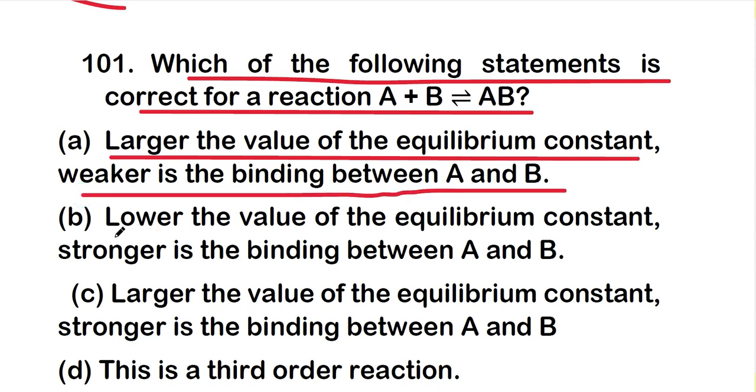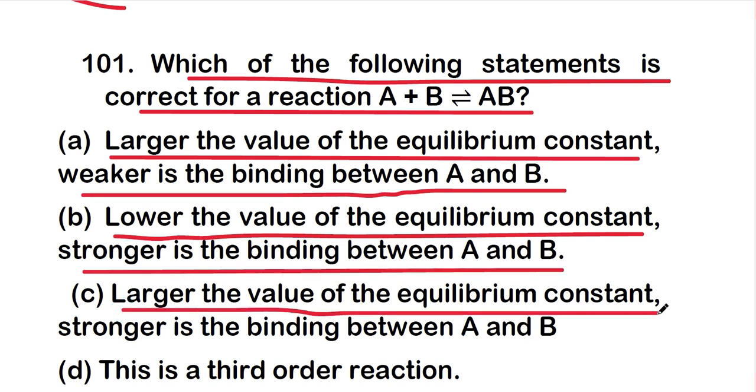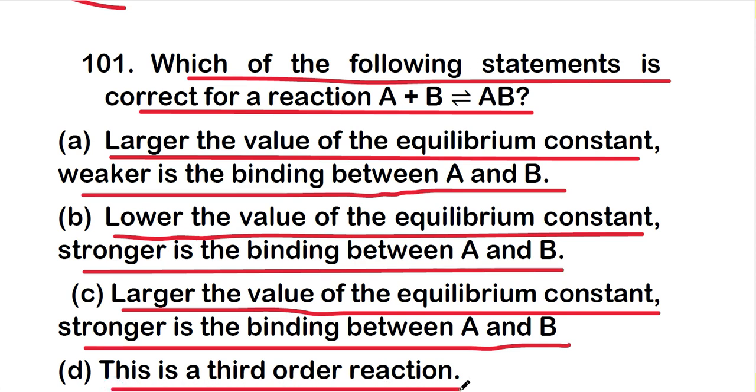Option B, lower the value of the equilibrium constant, stronger is the binding between A and B. Option C, larger the value of the equilibrium constant, stronger is the binding between A and B. And the last option, option D, this is a third order reaction.